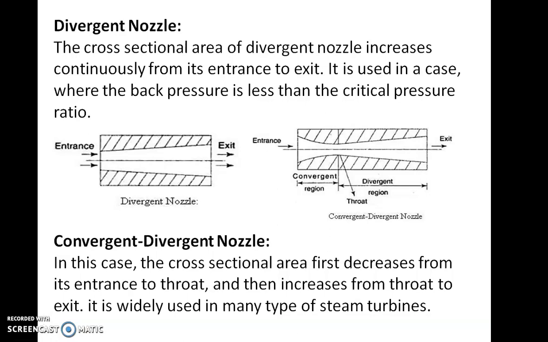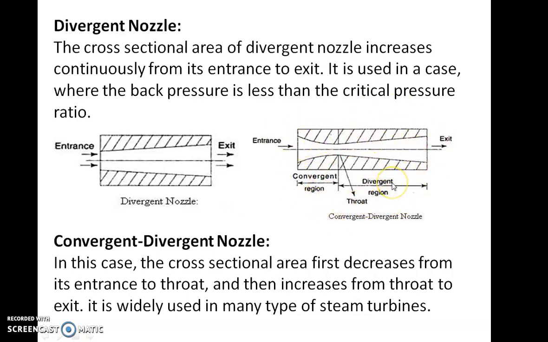For this much pressure decrease, you have to use a nozzle that will give you a very low pressure, and we know that pressure goes on decreasing throughout the length of the nozzle. Such a decrement can be obtained only with a combination of convergent and divergent portions, because divergent can be used only after critical and convergent can be used only before critical. So for a longer pressure range, you use the convergent divergent nozzle.